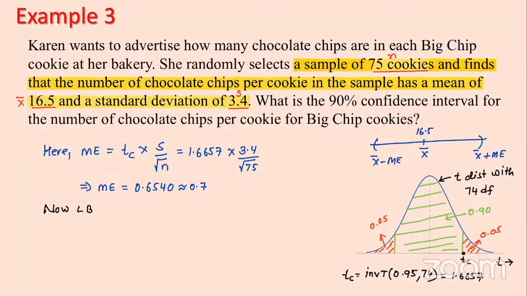As you can see, it is the mean or the point estimate minus the margin of error. So the mean is 16.5 minus 0.7. How much is that?